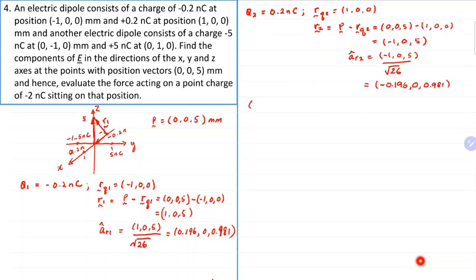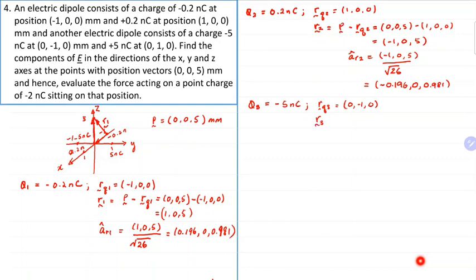So for Q3, there will be -5 nanocoulombs. R_Q3 is equal to (0, -1, 0).